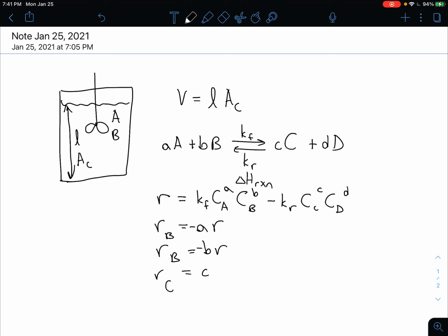The rate of production of C is going to be c times R, and the rate of production of D is going to be d times R.